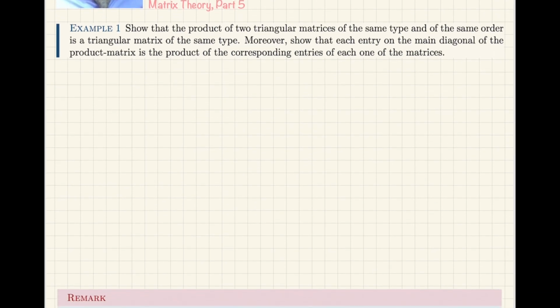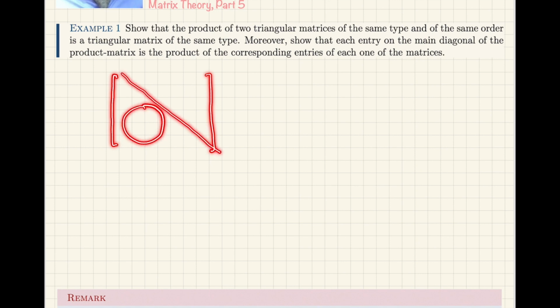When I was discussing different types of matrices, we introduced a matrix of this type where everything below the main diagonal is 0. I don't care about what is happening above the main diagonal. If I have a square matrix where below the main diagonal every entry is equal to 0, then it is called upper triangular.